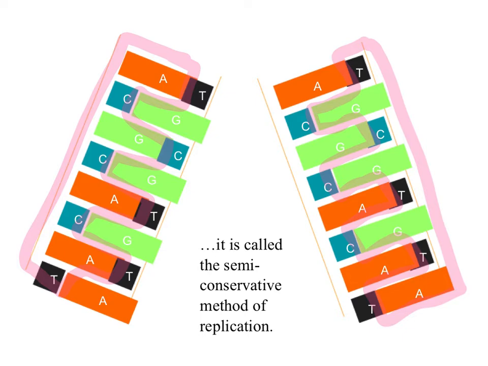That's why it's semi-conservative. If it was conservative, what would happen is that we would have 2 molecules of DNA, but we would have one with the original strand, and then another DNA with the copied nucleotides. That would be conservative.